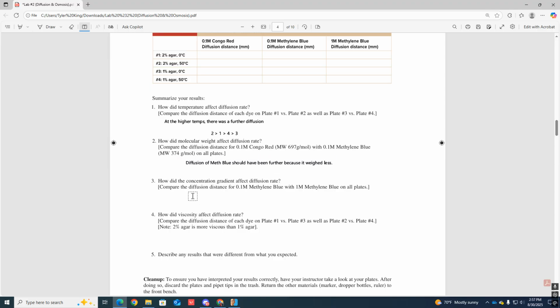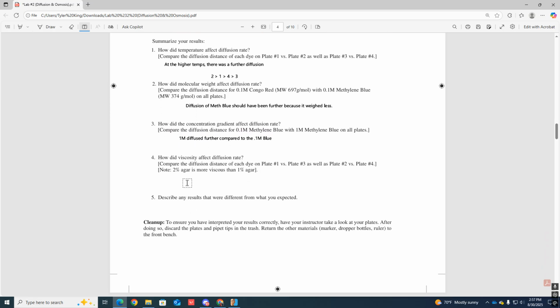What about the concentration gradient? Okay, so the 0.1 molar, 1 molar. The higher molarity means that the concentration gradient is greater, okay? So if it's greater, that means it's going to diffuse a lot easier. So the 1 molar diffused further compared to the 0.1 molar blue, okay?